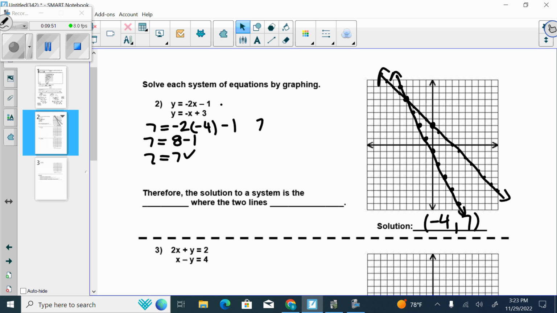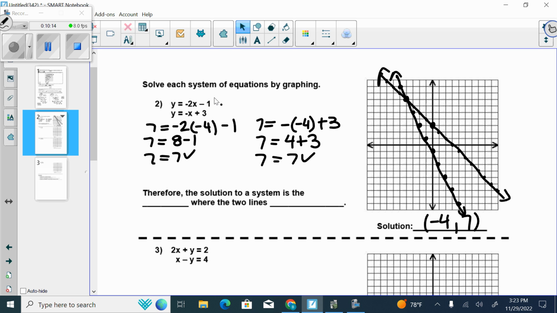So you'd have 7 is equal to negative x, which is negative 4, plus 3. Well, you guys told me two negatives make a positive. So I have 7 equals 4 plus 3. Does 7 equal 4 plus 3? Yeah. So it did work for both.